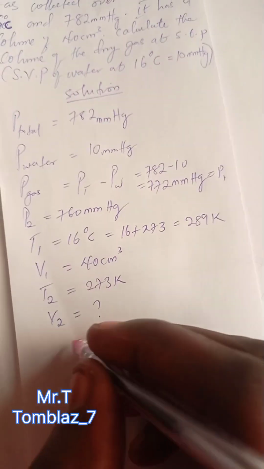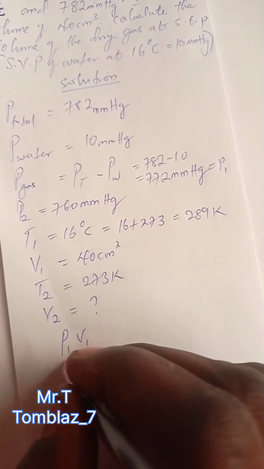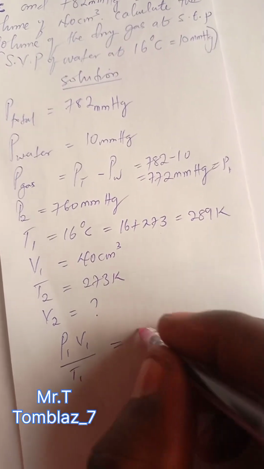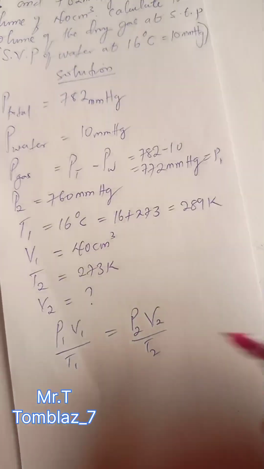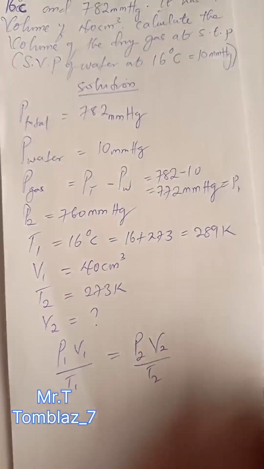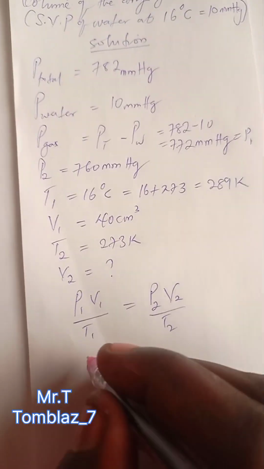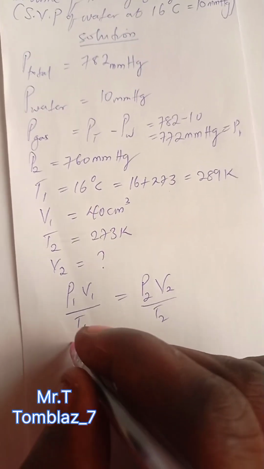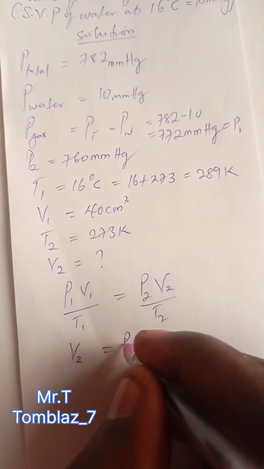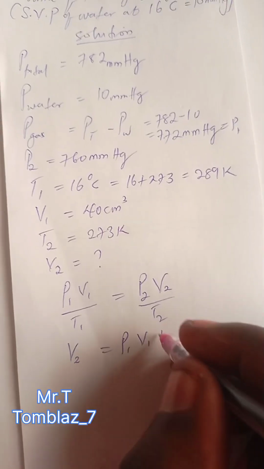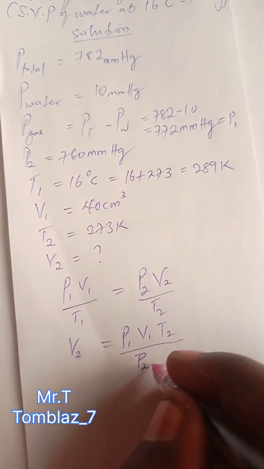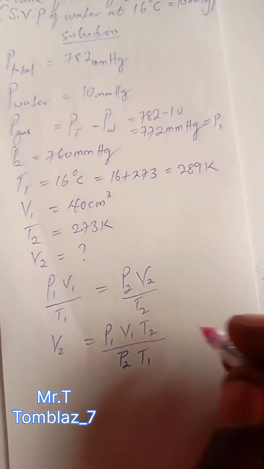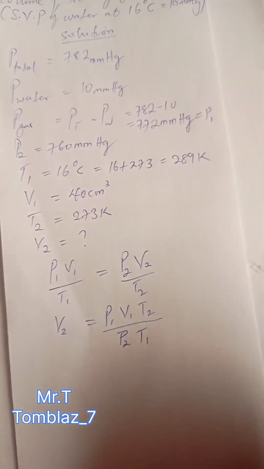So using P1 V1 all over T1 is equal to P2 V2 all over T2, we're going to make V2 the subject of the formula. So in that case, V2 is equal to P1 V1 T2 all over P2 T1. So let's substitute our values into this now.